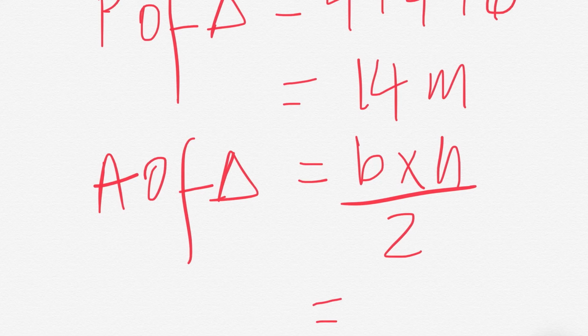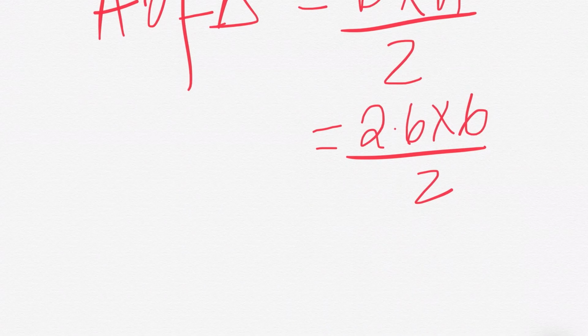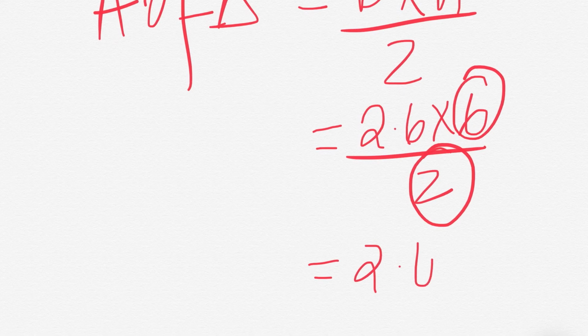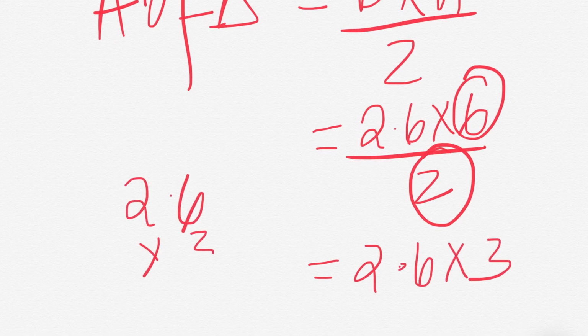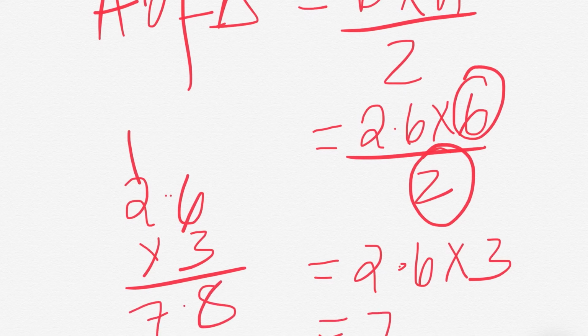This gives you 2.6 times 6 divided by 2. 6 divided by 2 becomes 3, so 2.6 times 3 will give us 7.8 square meters.